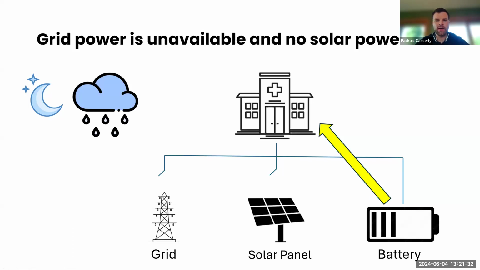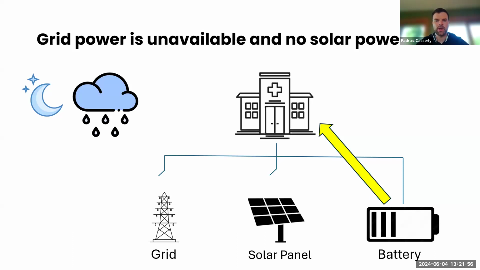You can actually have battery backup systems or electrical systems that do not rely on solar panels to power electrical devices within a pediatric unit. And in this situation, the batteries will provide power to the electrical devices within a health facility.